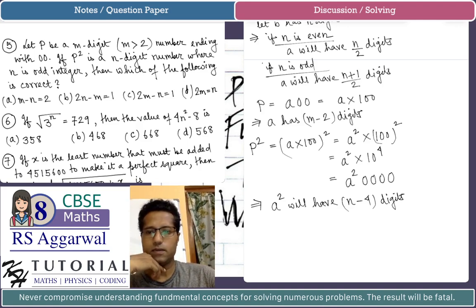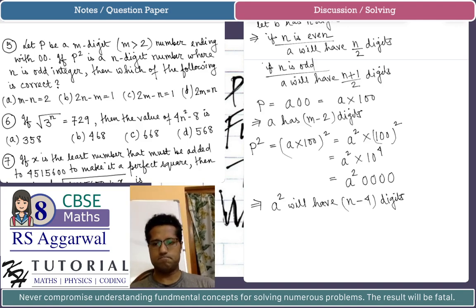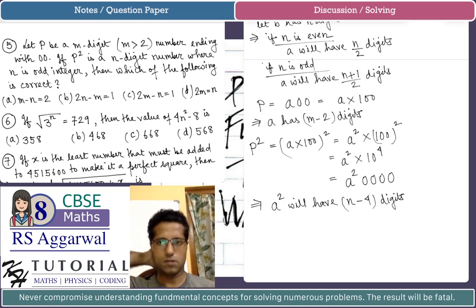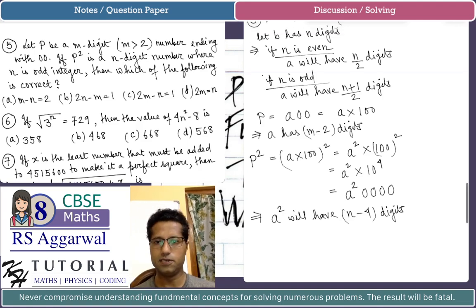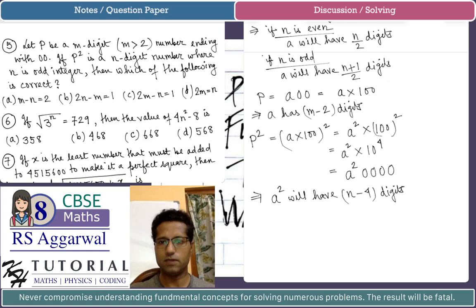Now it is given that n is an odd integer. We know that A is having m minus 2 digits. We have already found that A is having m minus 2 digits.